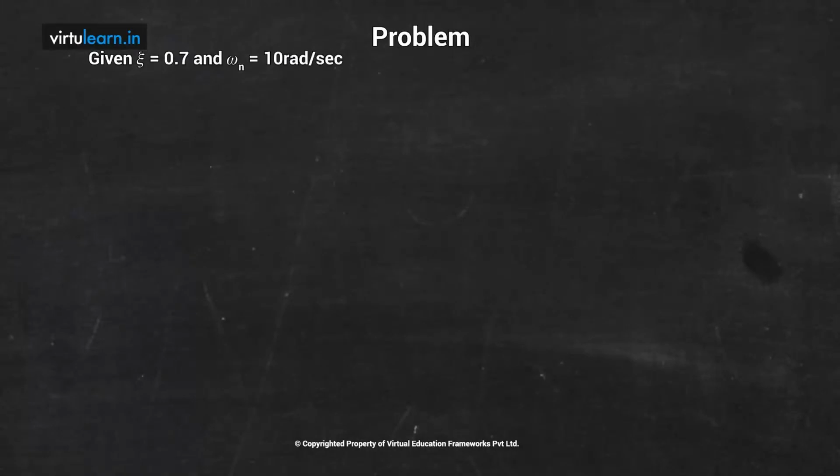Now, to understand resonant peak, bandwidth, and resonant frequency, let us look at this problem. The problem statement is like this. For a given control system, the damping ratio is 0.707 and the natural frequency omega n is 10 radian per second.